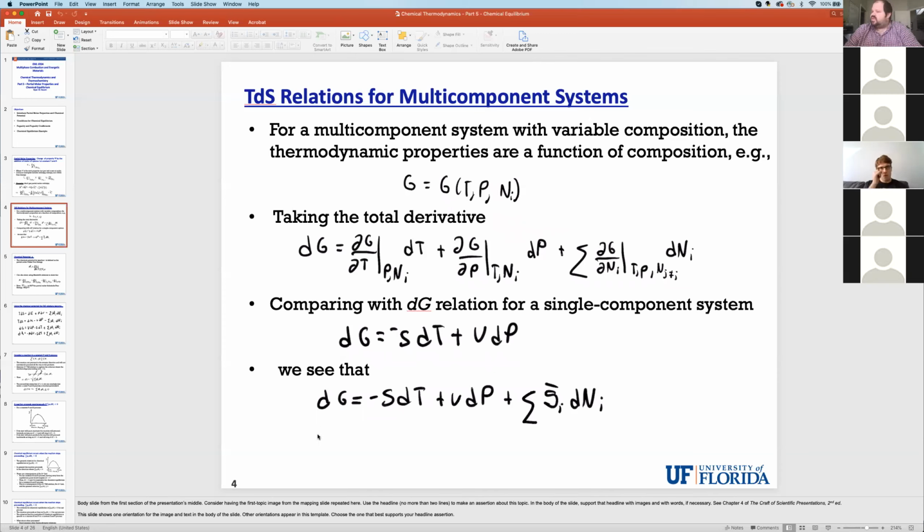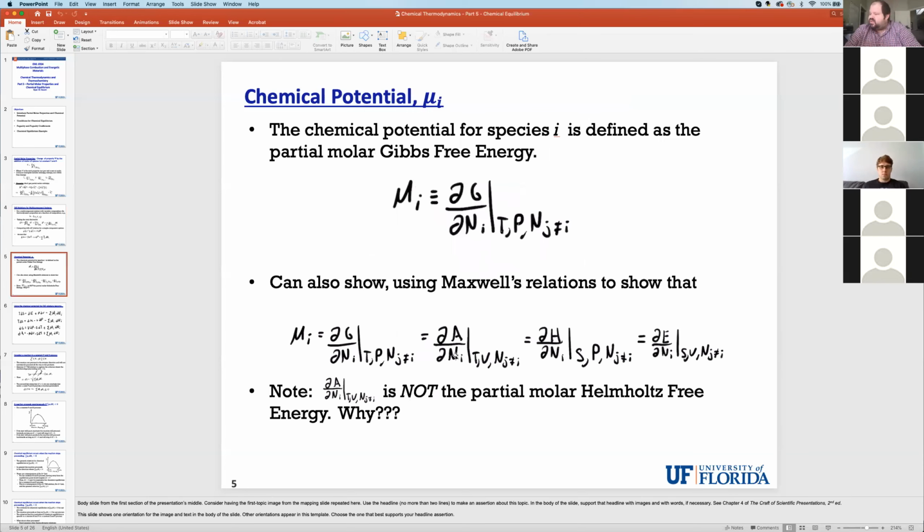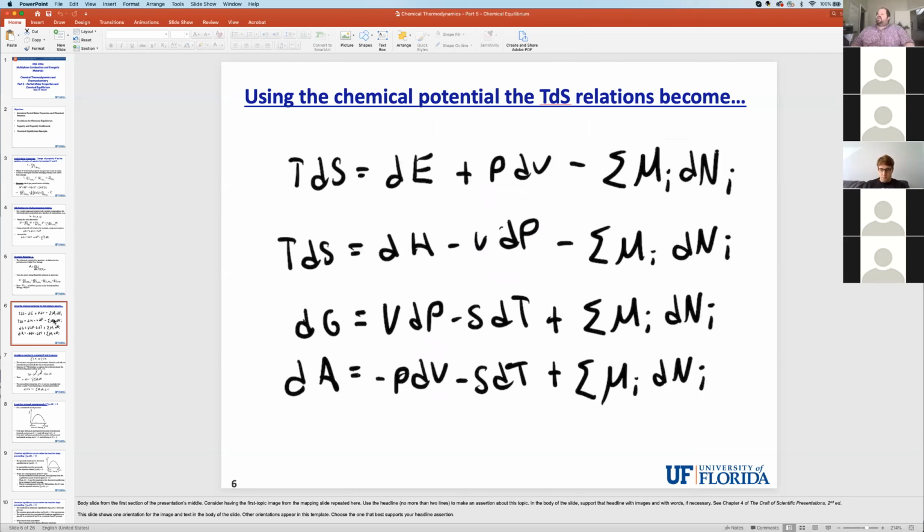Now, if we do the same thing for the first TDS relation, the second TDS relation, etc., and use these Maxwell relations, we find that all of the extra terms in the major TDS relations are either plus or minus the sum of chemical potential times dni. Which I think is kind of an amazing result, and that is a very nice result.